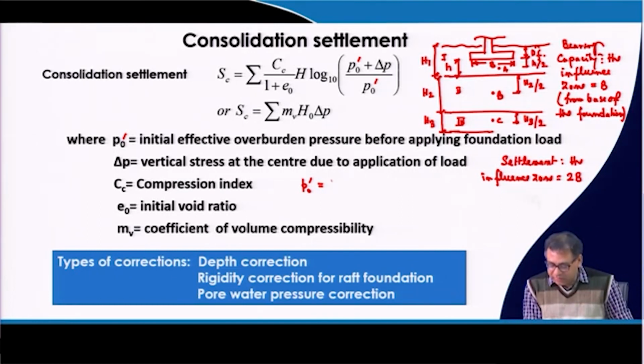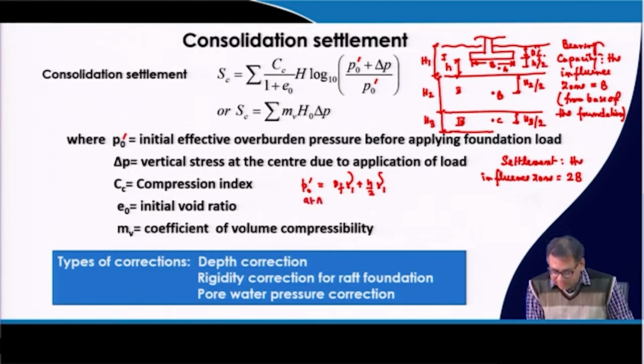So, P0 in this case will be gamma into Df, or I should write gamma 1 because this is the top layer, then plus h by 2 into gamma 1. So, this is P0 at A. This way I can calculate P0, but remember that this is effective, it is not total.